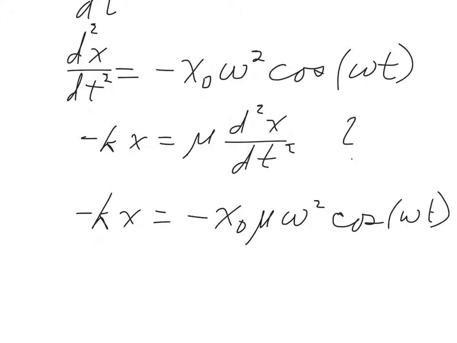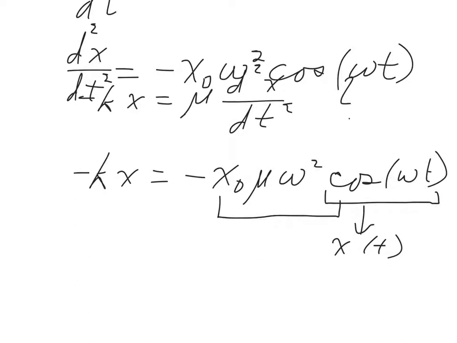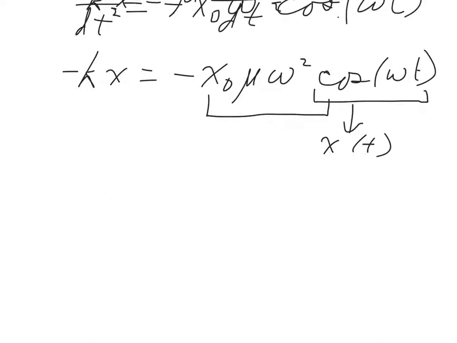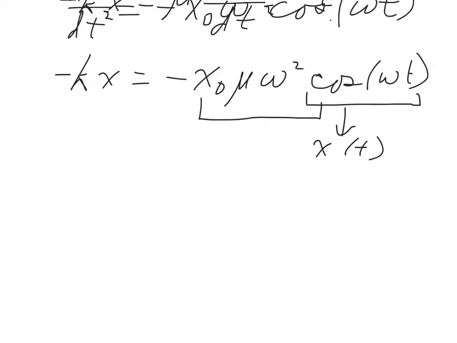And so at this point we can see that cosine omega t times x naught is just our original function, x of t. So that gives simply that minus k times x of t equals minus mu omega squared x of t.